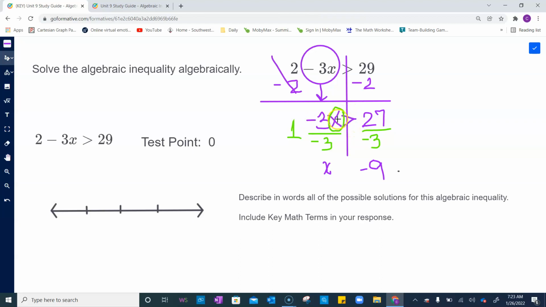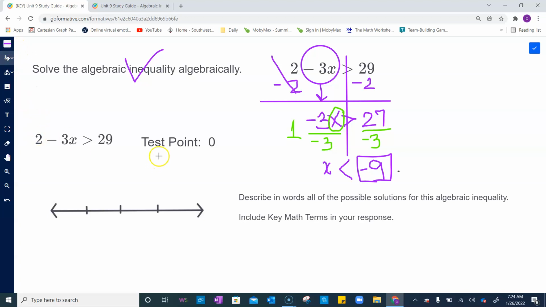So this symbol also needs to switch and do the opposite. And we get x is less than negative 9. So my endpoint is right here at negative 9. That's the endpoint. I've solved it algebraically, and I did that to find that endpoint, the highest or lowest number I can have for this inequality.